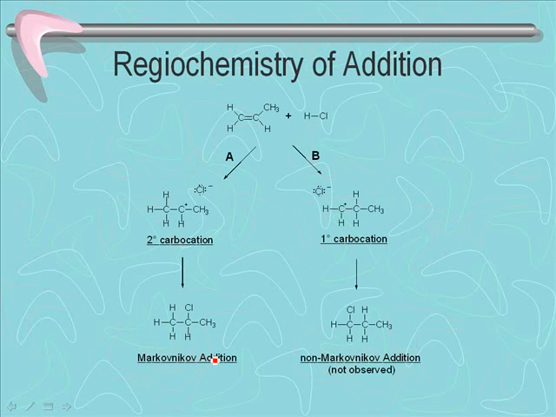So regiochemistry then follows from this. We form a more stable carbocation intermediate, a secondary carbocation, and as a result that carbocation is formed faster, and the product that we observe derives from that more stable carbocation intermediate. We do not observe the opposite mode of addition, mode B here, which leads to the non-Markovnikov addition, the opposite addition than what Markovnikov addition would predict.